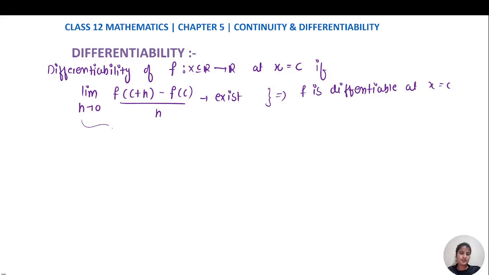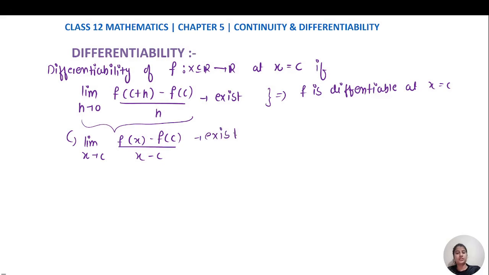Another way to write this is the limit as x tends to c of f of x minus f of c divided by x minus c. That means if this exists, that is, both limits are the same, then we say our function is differentiable. As you can see, this looks like a rate of change.